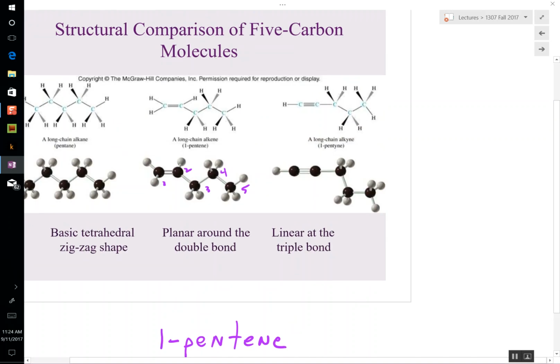All right. I'm probably getting ahead of myself a little bit. Okay, there is a triple bond. And let's just put that molecule out here. There's your triple bond.